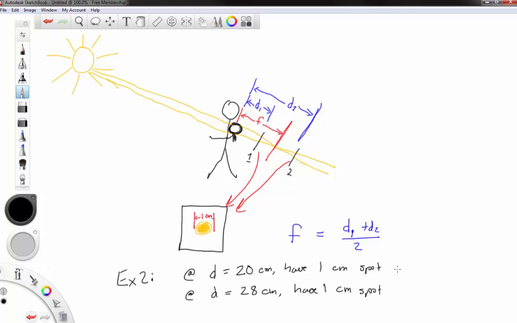If this is the case, then we can say that the focal length is 20 centimeters plus 28 centimeters divided by 2. So 20 plus 28 is 48, divided by 2 means that we've just measured the focal length to be 24 centimeters. Okay, so this is the second example then.